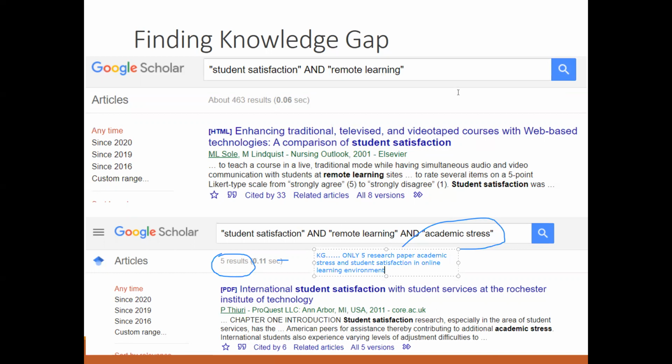I hope that you can find your knowledge gap in this way. But in the coming lectures, I will also tell you what kind of keywords you need to use in finding the knowledge gap. In the coming lectures, I will share the complete demonstration. I'm going very slow in the online classes.